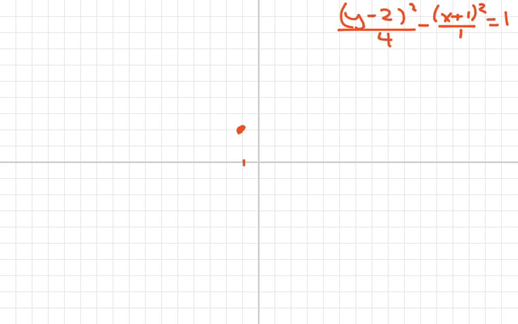Now, to get the general shape of this, remember a hyperbola is just an ellipse that's broken open. So what I'm going to do is look at this and take the square root of 4. The square root of 4 is 2, and from my center, I'm going to go up on the y, 1, 2, because it's under the y, and down 2.